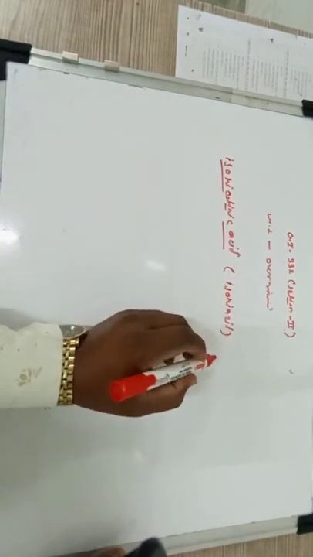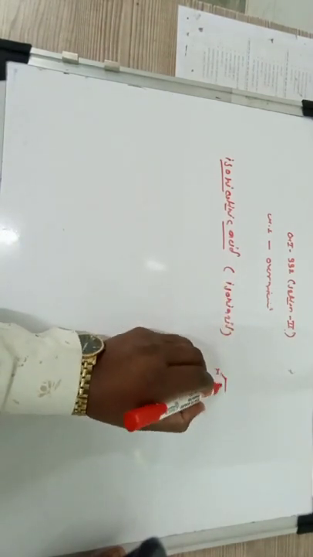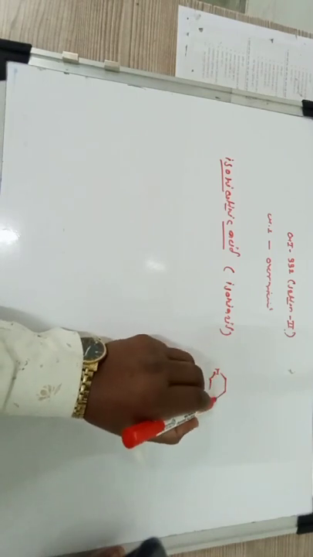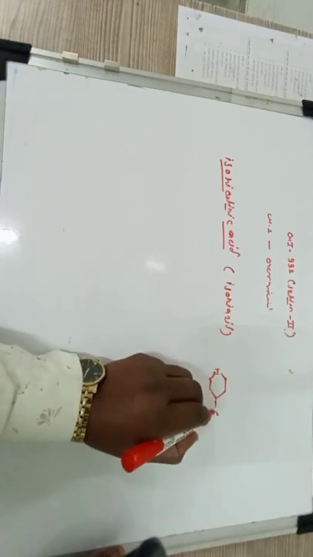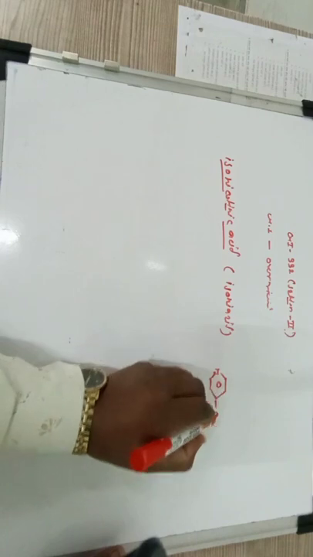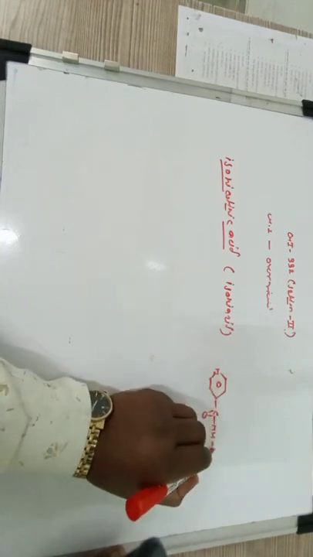If you see the structure of this, it is C double bond O NH NH2. Isonicotinic acid.